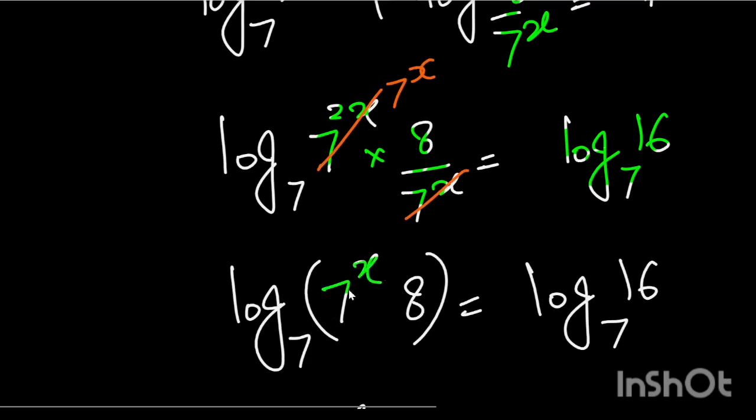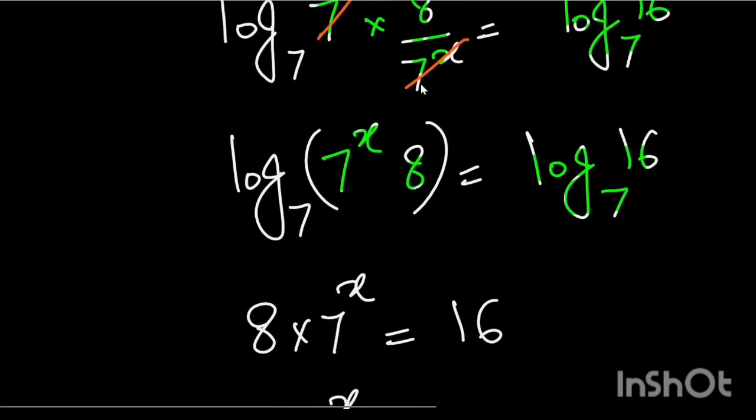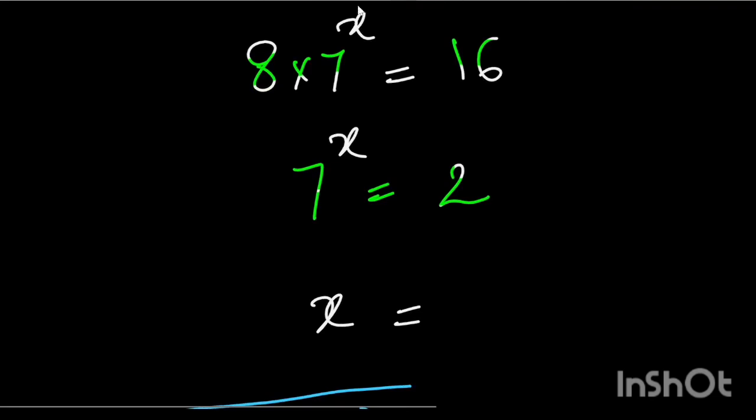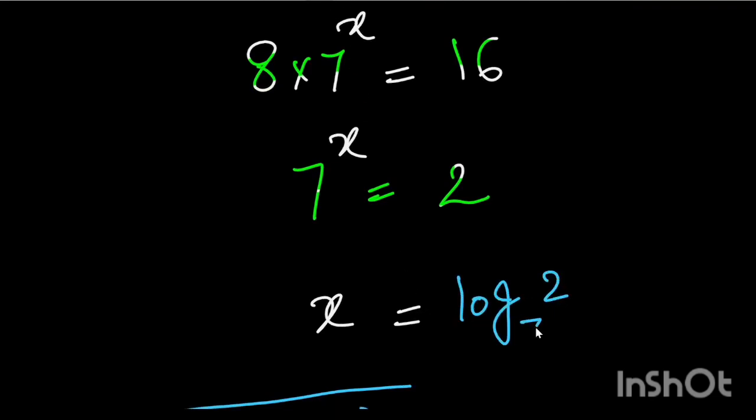In the next step, cancelling log on both sides using the property, we get 7 to the power x into 8 is equal to 16, which is 2. So what is x, guys? Using the definition, it is log 2 base 7.